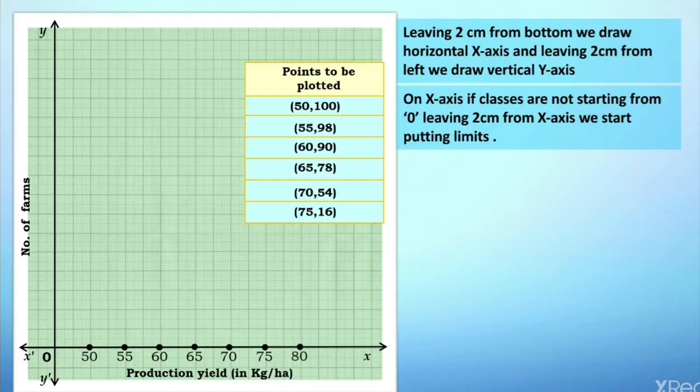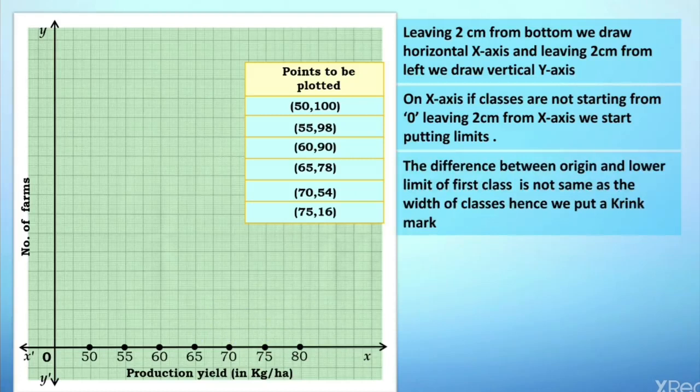As we can see, the difference between 50 and 55 is 5 and all the subsequent differences between the limits is 5. But the difference between origin and the first lower limit 50 is not same as the difference of the other intervals. Therefore, we use kink to manage the gap.